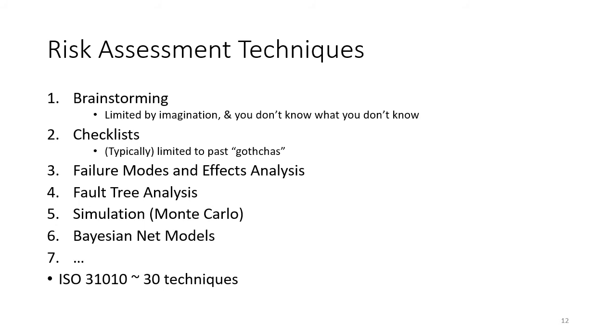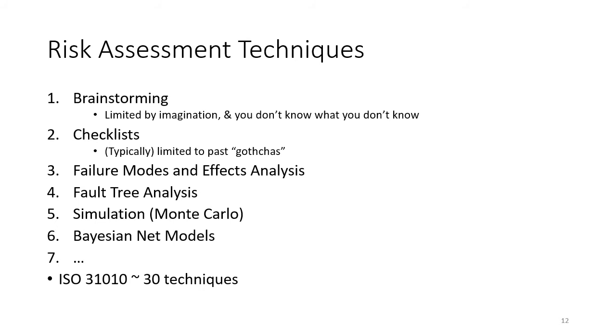Here's a couple that are listed in the handbook. Number one, brainstorming. Number two, checklists. And then there are some more technical approaches: failure modes and effects analysis, fault tree analysis, simulation, and Bayesian net models.